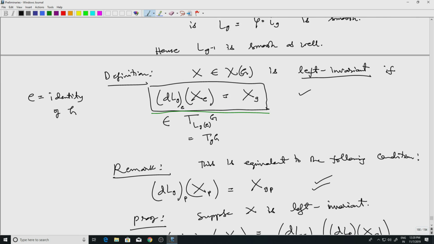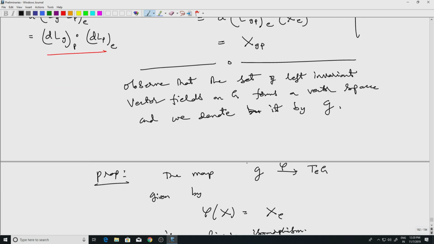What in effect it's saying is that if I know the value of the vector field at identity, I know it at any other point xg, and they are related by this equation here. So now we can turn this around, and suppose we are given some tangent vector at identity. I'll use this equation to define the vector field at any point g.